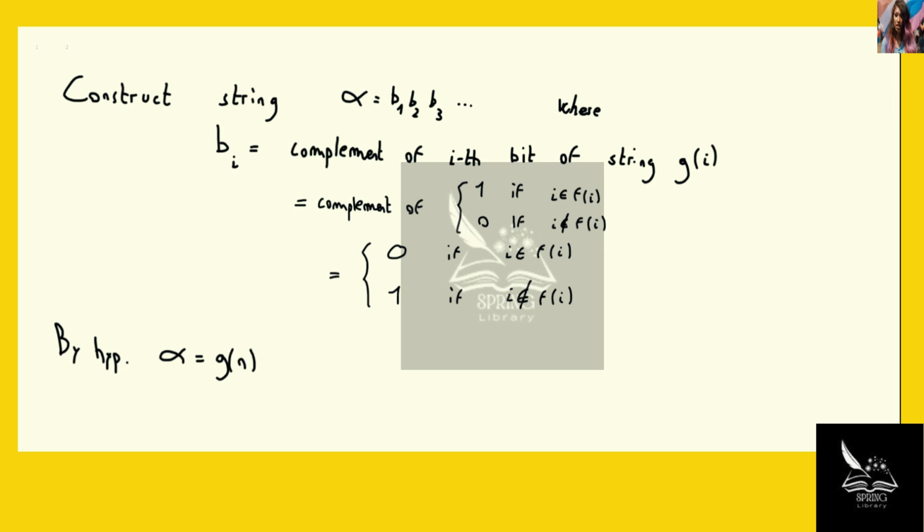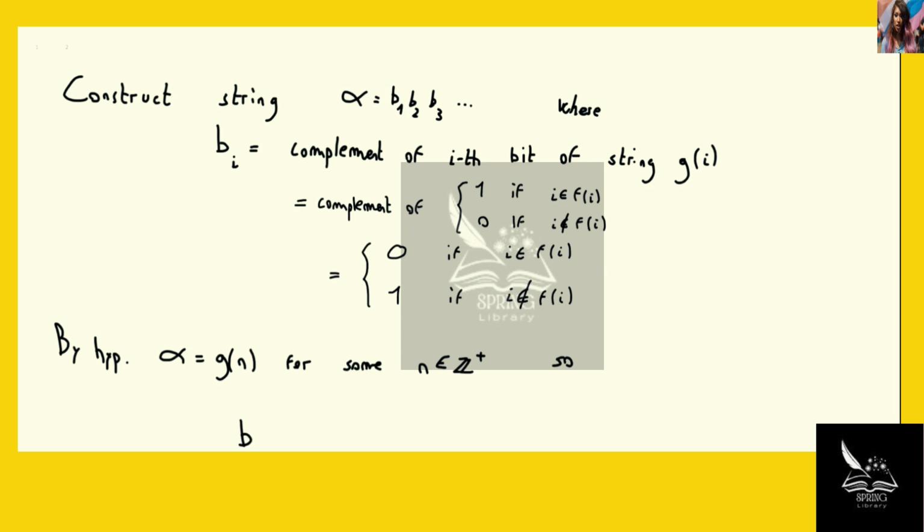So we've constructed this string here, but now the string alpha is a bit string, and so it must be G of n for some number n, because remember that by assumption the set of strings is in bijection with the positive integers. So alpha must be G of n for some n.